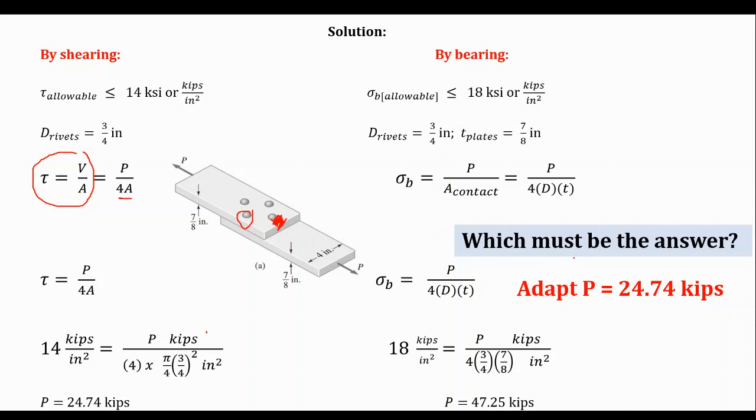Here, we can notice that the weak one is the bolt, since its capacity is small, only 24.74. So we must accommodate the bolt and not let the force applied to the system exceed 24.74.